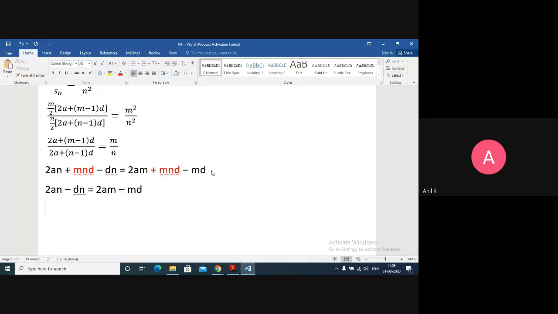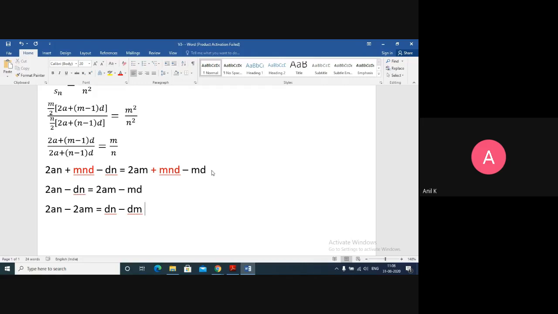So these are the terms left out. I'm putting the other terms on one side, like 2an minus 2am is equal to dn minus dm, or md. So I'm interchanging the terms.